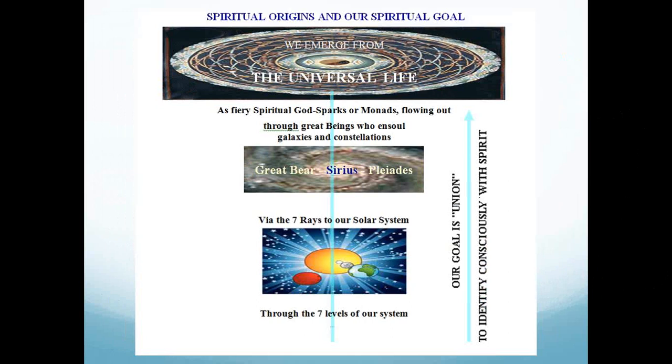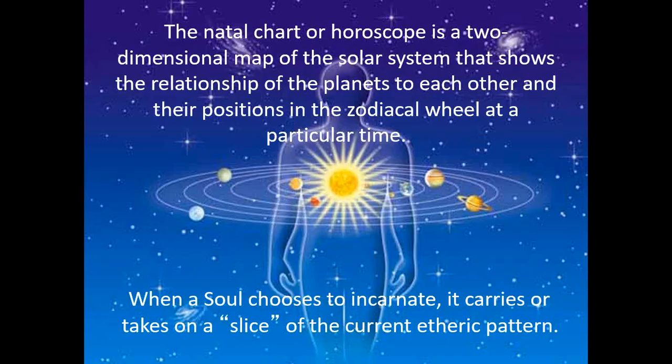And our emotional body is in resonance with the emotional plane. So I hope that helps a little bit in trying to understand all these terms and words that might be new to some of you. All right, let's move on.